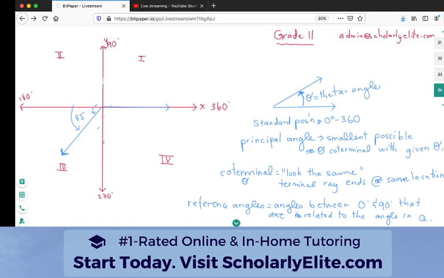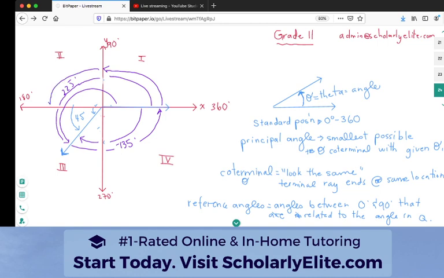Like I said, coterminal angles, you've got 225, which is this angle here, and one of its coterminal angles would be negative 135. But there are other ways to solve for a coterminal angle. So for example, let's use an example like this. If we had 360 degrees all the way around, pretend that this is all connected, and then I keep going and I add another 225 degrees to 360.